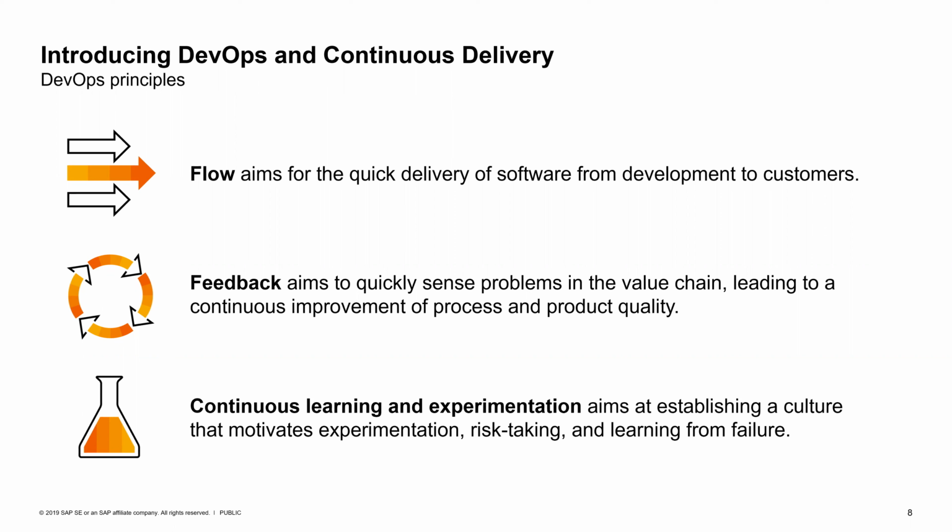And also continuous learning and experimentation is really important. DevOps is about a culture where you are encouraged to learn, to experiment, and also to take informed risks. We are all humans, and it's natural that humans make mistakes. So it's not about being fearful, thinking I don't want to make a mistake and everything must be perfect.